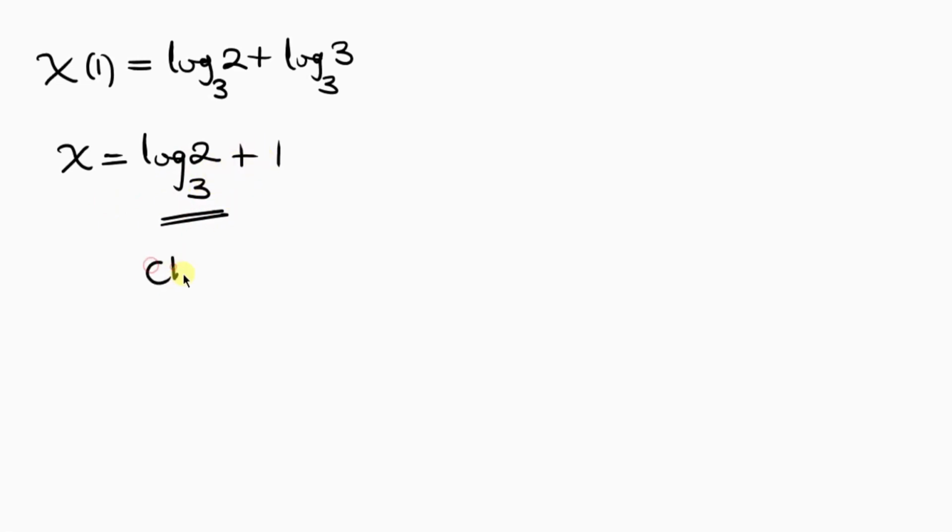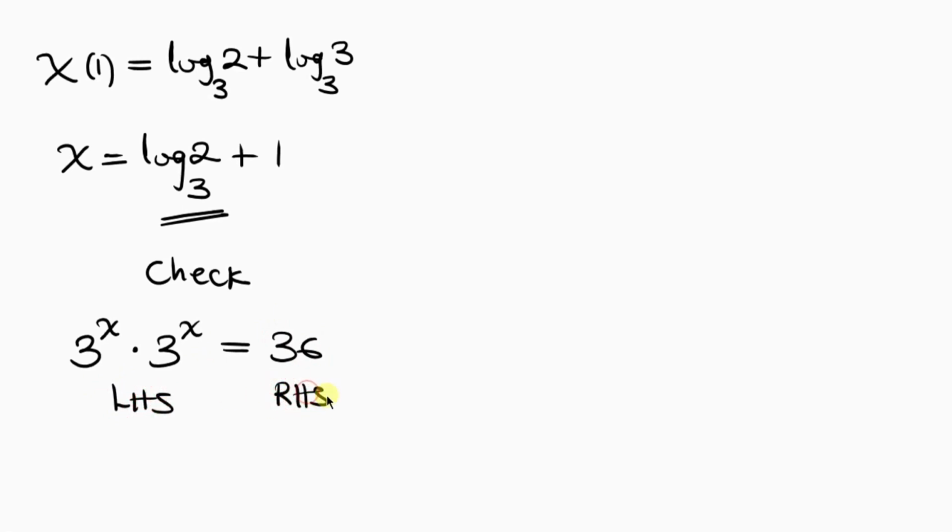Now let's check if this value is correct. The given question is 3 to the x times 3 to the x equal to 36. We have the left hand side and we also have the right hand side. Now we want to prove that the left hand side is equal to 36. So we take the left hand side.